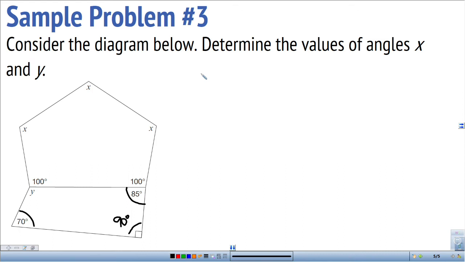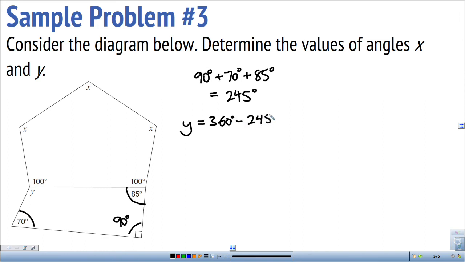So let's add 90 degrees with 70 degrees with 85 degrees. So that's 160. So that's 245 degrees. So angle y here is 360 degrees take away 245 degrees. So y is 115 degrees.